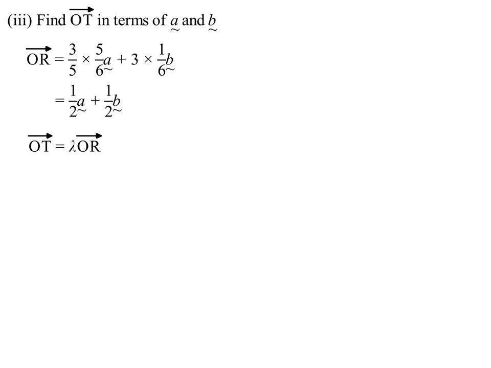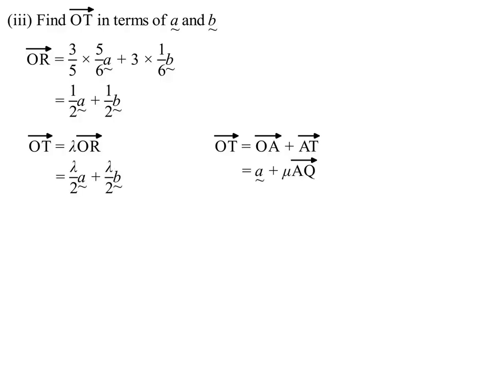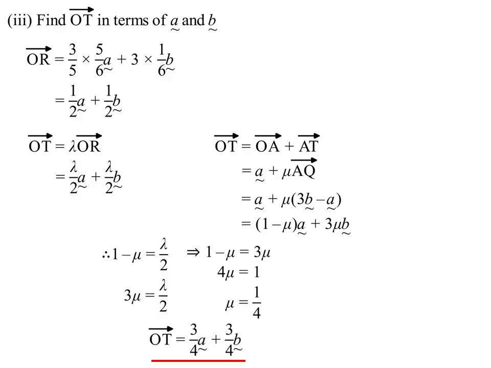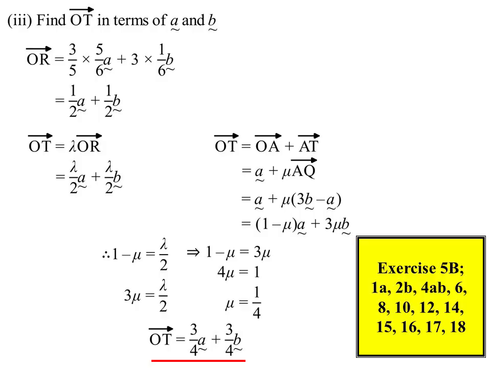So OT is half lambda A plus a half lambda B. So OT becomes OA plus AT, substituting in, we're going to have to equate the components again. 1 minus mu will be lambda on 2. So I now know mu is 1/4, and I can substitute back in and get OT: 3/4 A plus 3/4 B. All right.